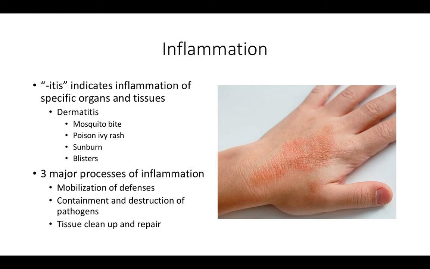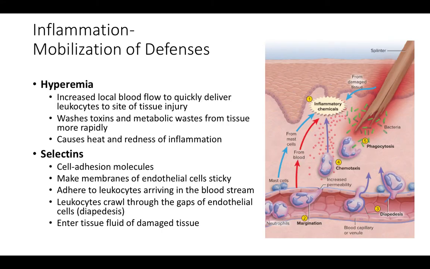And so there are 3 major processes of inflammation, and we're going to talk about each of them individually. So the first process is mobilization of the defenses. So we need to mobilize all of these different parts that are going to help with our immune defense.